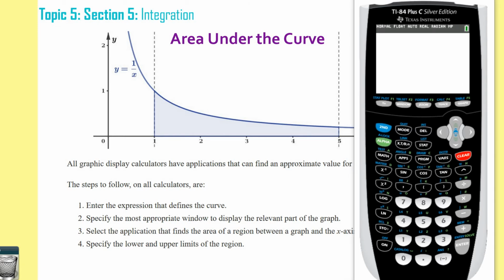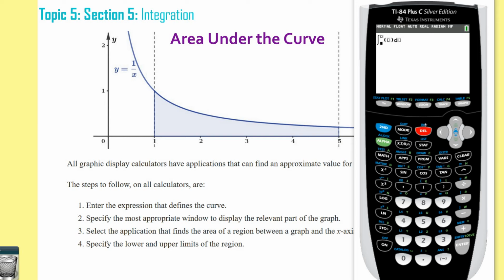So let's see. We want to go to the main screen and then go to Math, and then you scroll down to number 9 or up. It is FNINT, so you want to integrate the function, so number 9. So mine shows up like this.